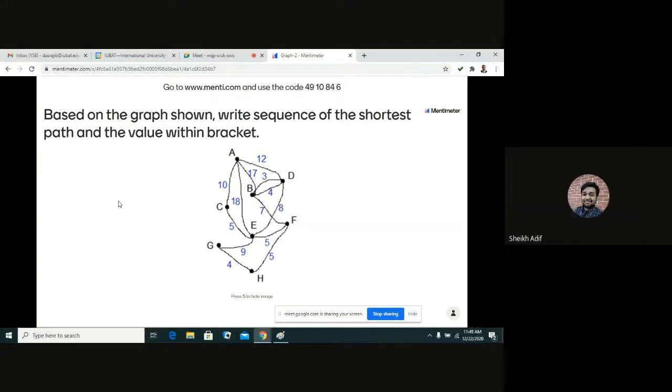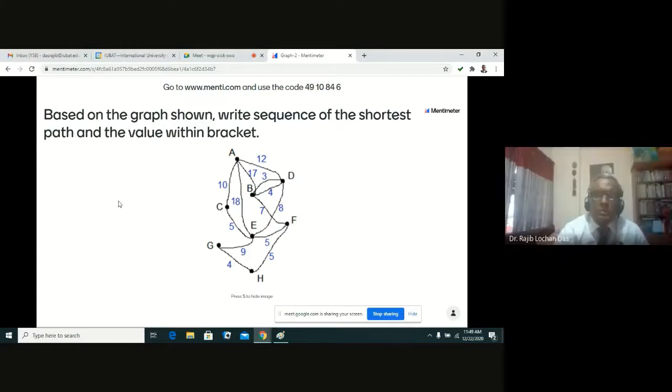But sir, from which node to which node? Oh, okay, I did not say. This is A to H. Should I go back and make the correction, or is this okay? Make this A to H.